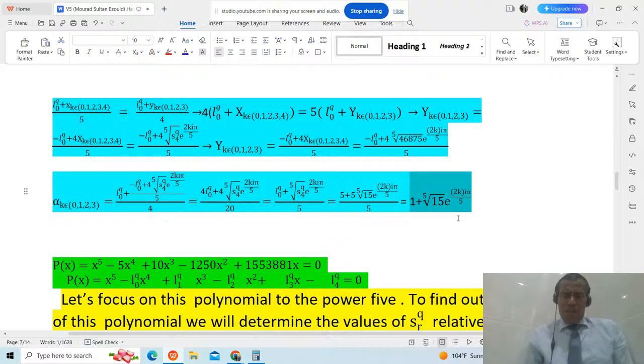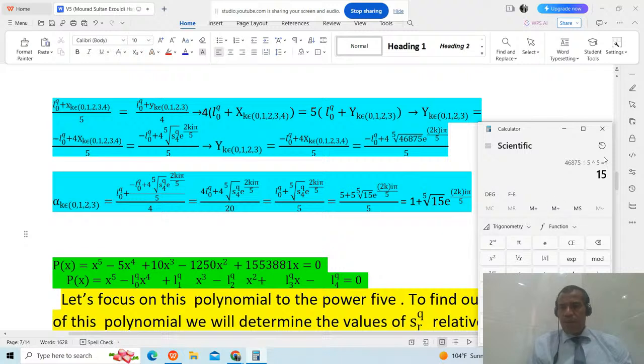I wish that's clear for you learners. I will use my calculator with all that. Yes, 15, correct. It means that 15 times 5 raised to the power 5 is equal to, yes, correct.